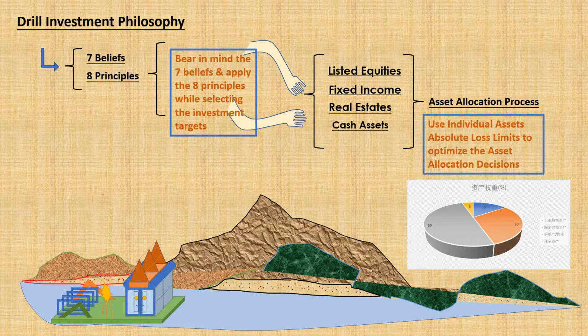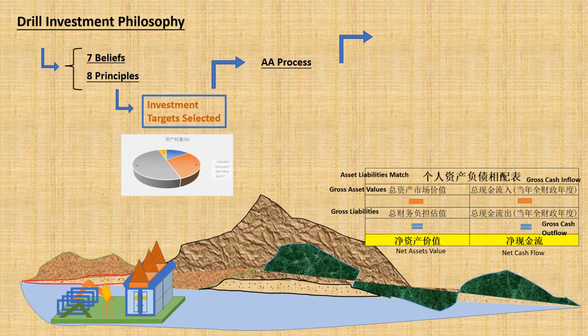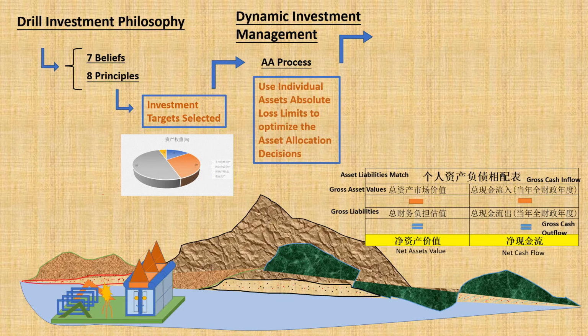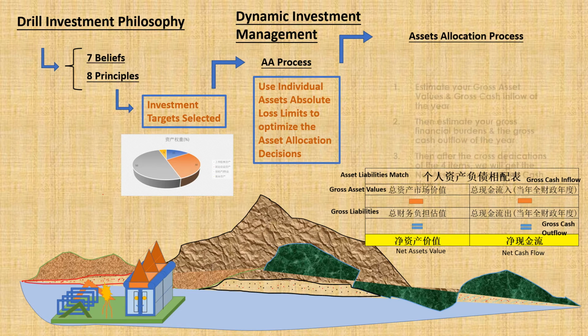We will use an individual's absolute loss limit, and use these numbers to optimize the asset allocation decision. It is part of the dynamic investment management.